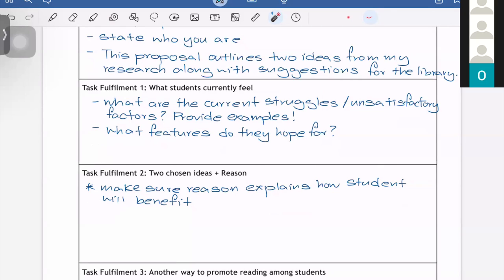You don't have to state why you do not choose the other two options, because your task fulfillment only requires you to state your two choices. So focus on the two choices only and what they are asking from task fulfillment. Unless your task fulfillment asks you to justify why you did not choose the other two, then you include it as well.